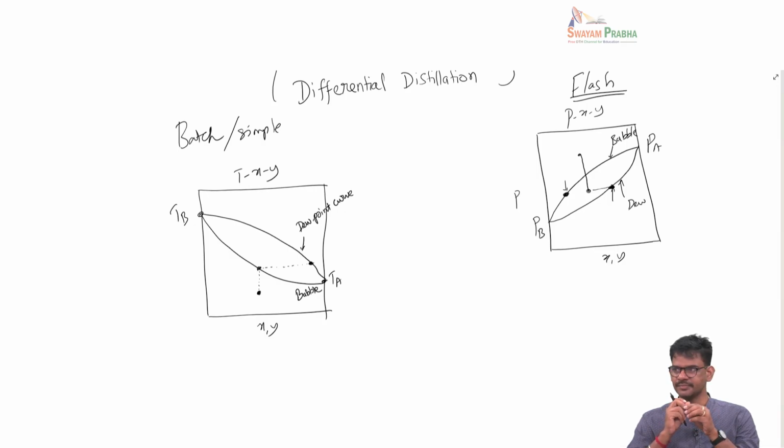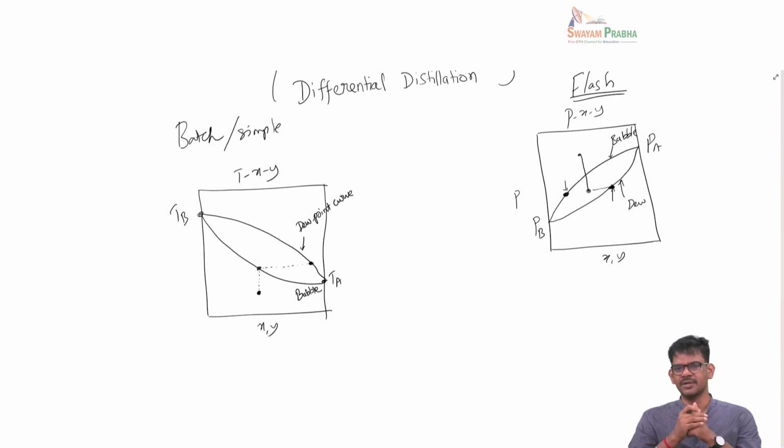Would it be the same? It would be the same only if the vapor also had the same composition as the liquid, for example an azeotropic mixture. Then when I take a small amount of vapor out of the system, the liquid will still have the same composition. But we know these are not azeotropic mixtures.